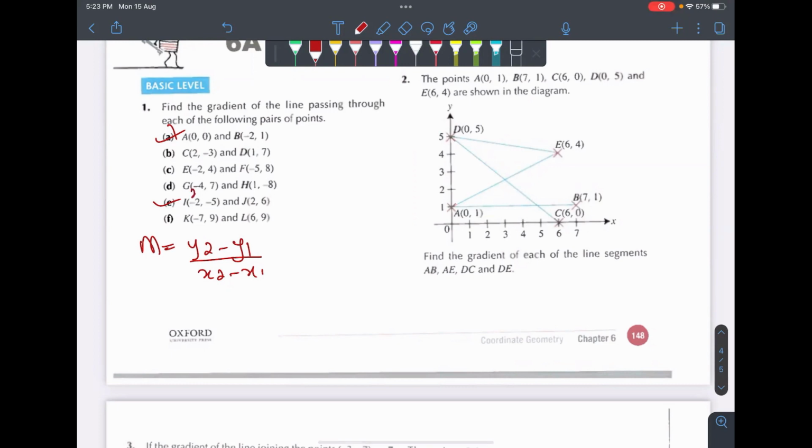So 6 minus 5 upon 2 minus negative 2, so 1 upon 2 plus 2, which is 4. That is the answer to part 1E.